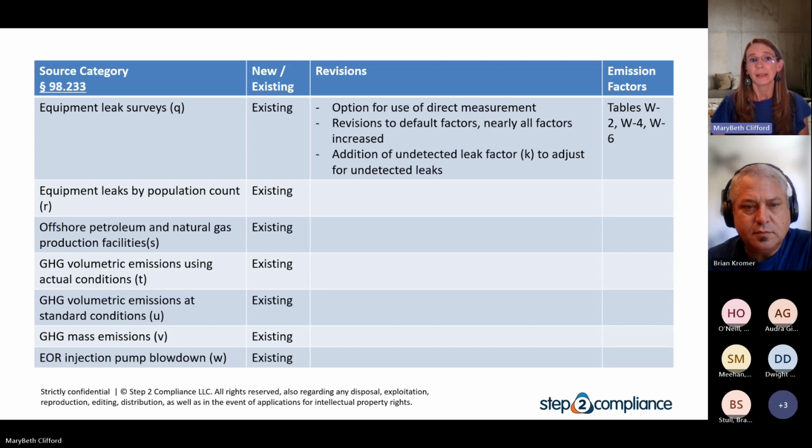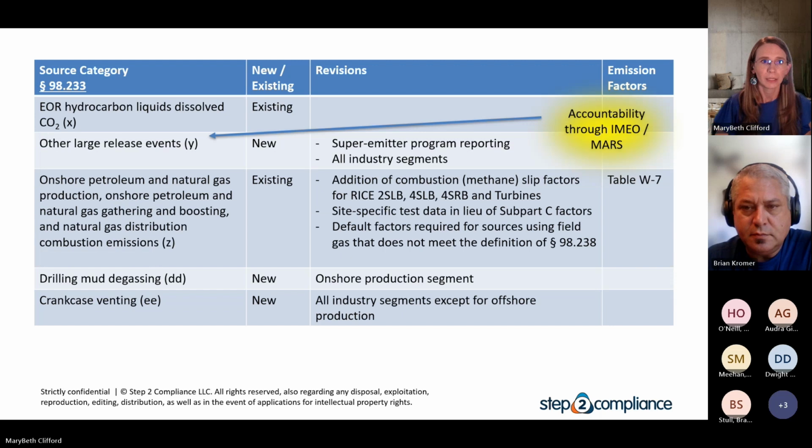And then they also added in an additional factor to adjust for undetected leaks. So when you run your calculation, you will also have to add in this undetected leak factor for the leaks that you don't find. And then a few small changes throughout these, nothing terribly substantive.